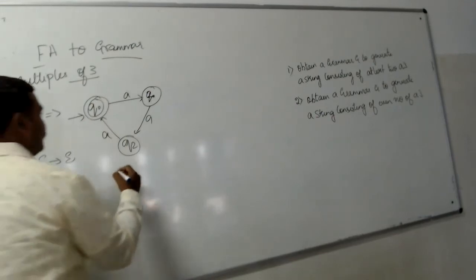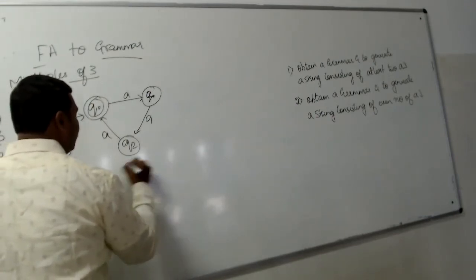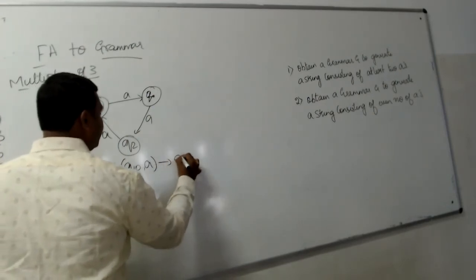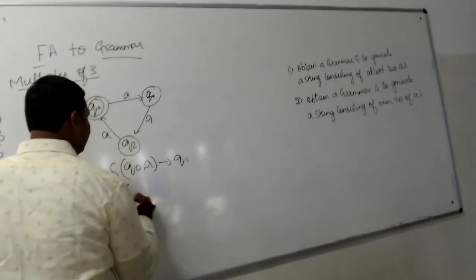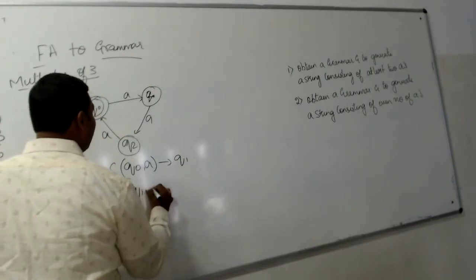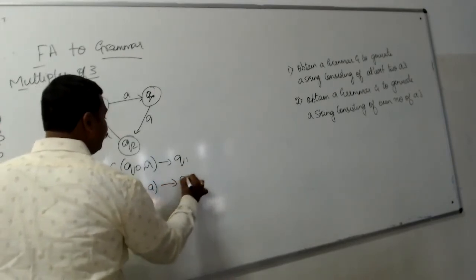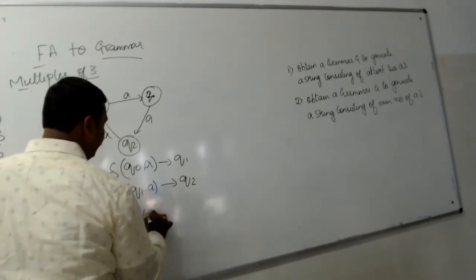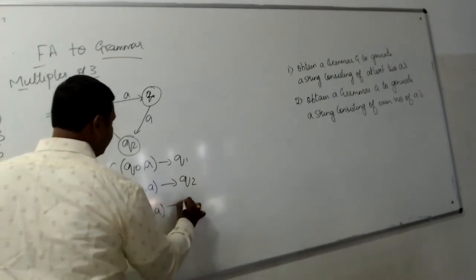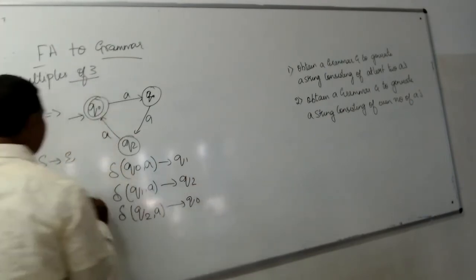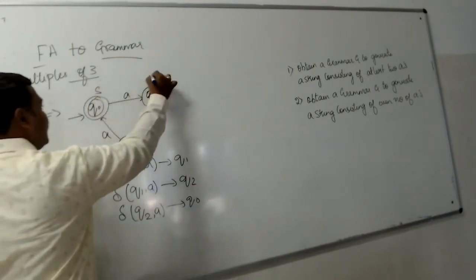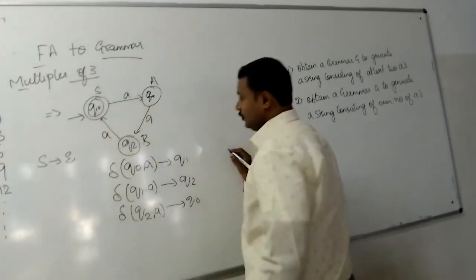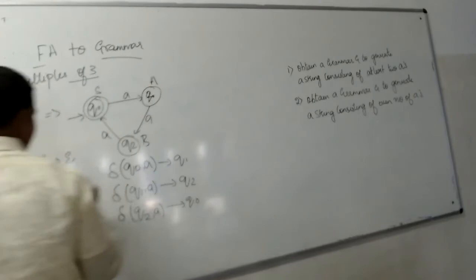ನೆಕ್ಸ್ಟ್ Q0, transition of Q0 on A goes to Q1, transition of Q1 on A goes to Q2, transition of Q2 on A goes to Q0. So Q1 ನ S A ಮತ್ತೆ B ಅಂತ ಕನ್ಸಿಡರ್ ಮಾಡಿದ್ರೆ ನನ್ನ ಗ್ರಾಮರ್ ಹೇಗೆ ನಾನು ಬರೆಯಬಹುದು? So Q0 A ಇದೆಯಲ್ವಾ?